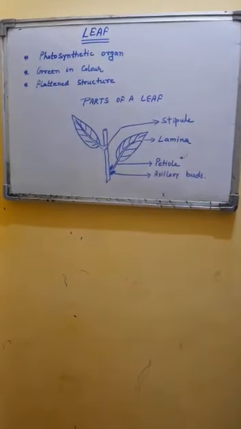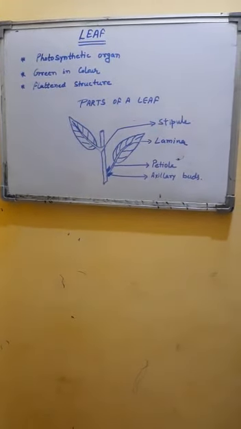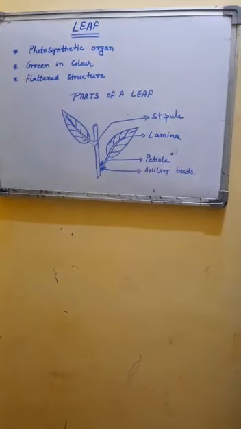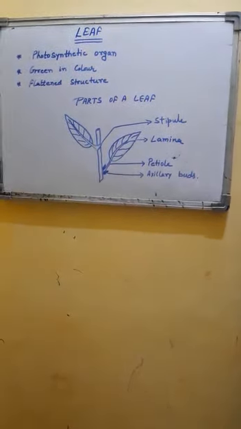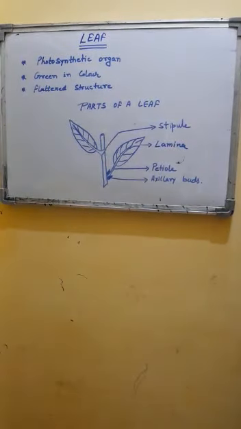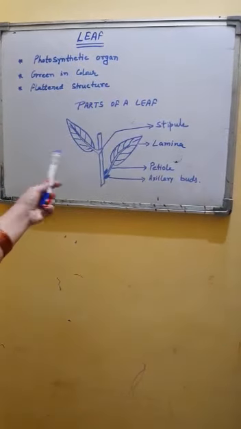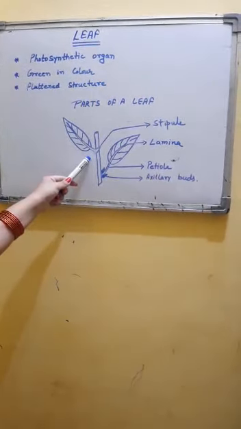The second part of leaf is called petiole. Petioles are thin, long and generally tubular structures that hold the leaf. It connects the leaf with the stem. Its size and shape may vary according to different species of plants.